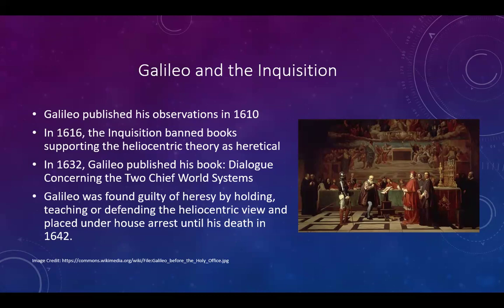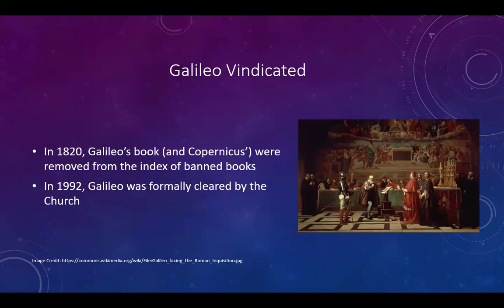Galileo's big problem was he was kind of a jerk. Like if he wasn't so aggressive, he probably could have gotten a much better situation. The timing wasn't great either. And Galileo's book and Copernicus's book were removed from the Index of Banned Books in 1820.